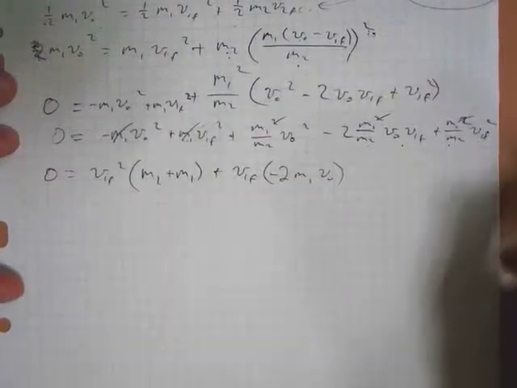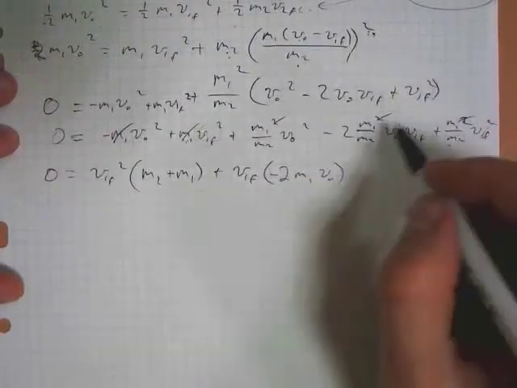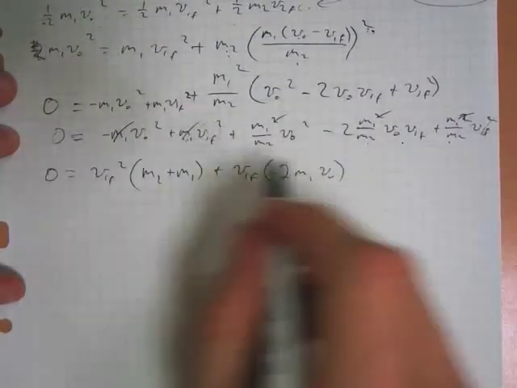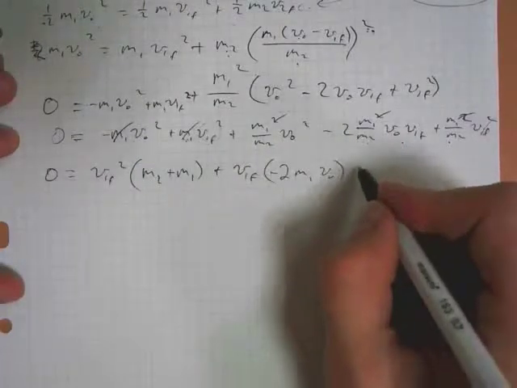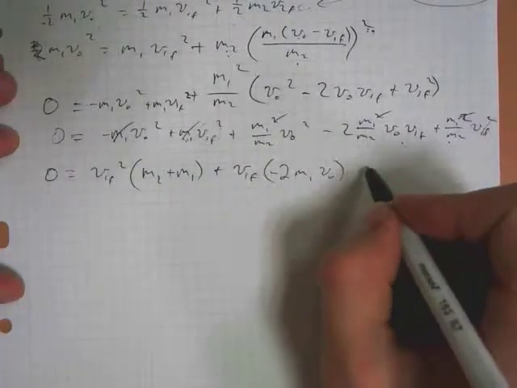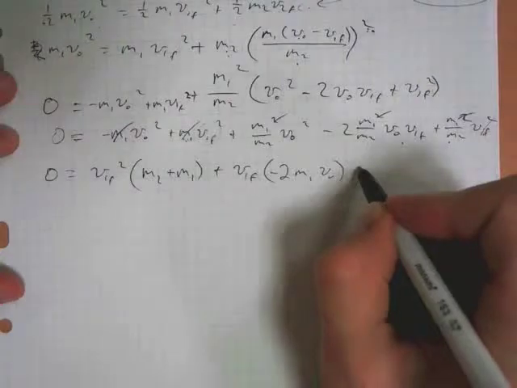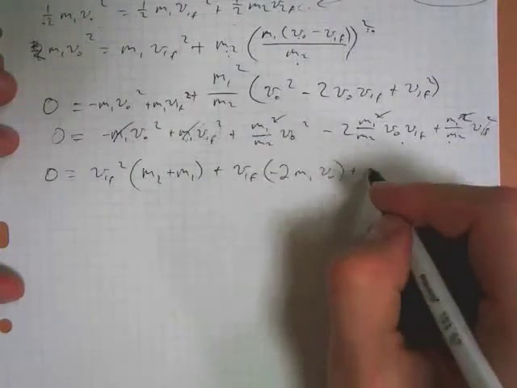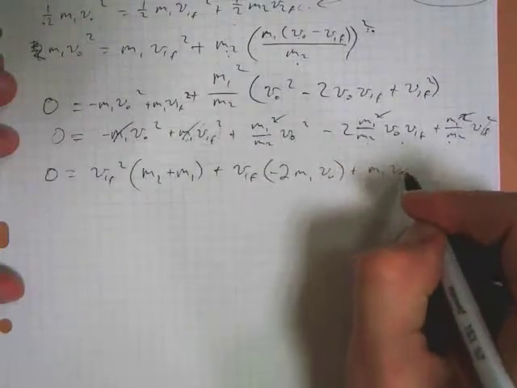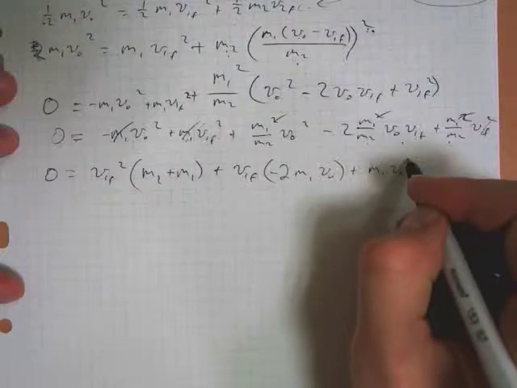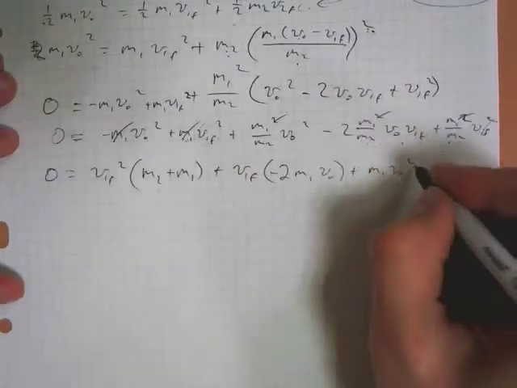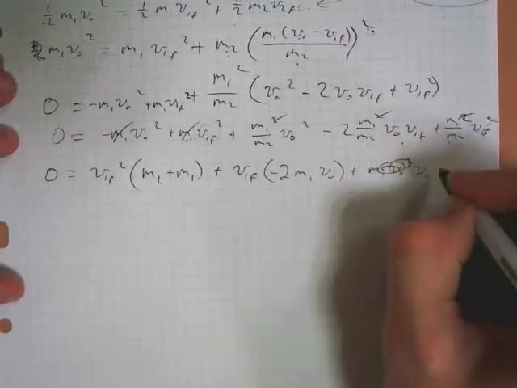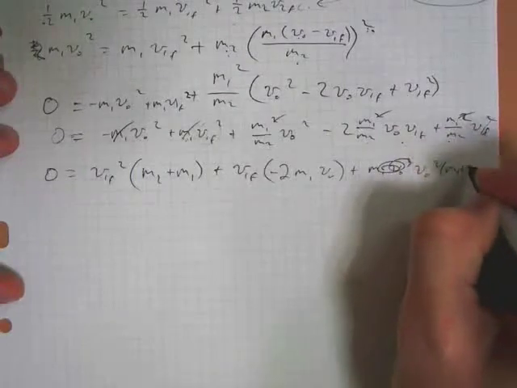That takes care of our squared and our v1 final terms. And for the terms that don't have v1 final, we've got m1 v0 squared plus m2 v0 squared. So that's v0 squared times m1 plus m2.